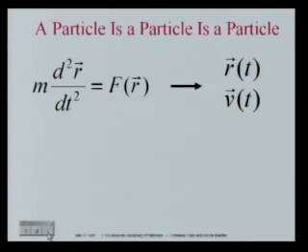That is, when you have a particle of mass m in a force field f of r, we can calculate its trajectory, that is, its position as a function of time and its velocity as a function of time, by integrating this differential equation.